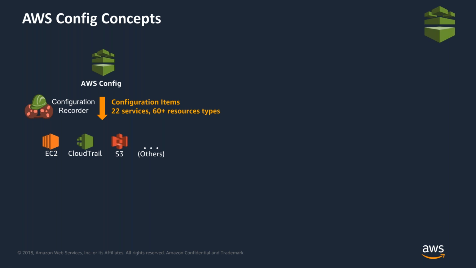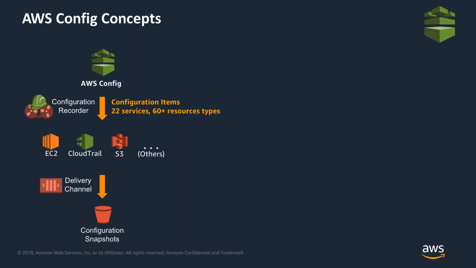AWS Config also creates configuration items whenever it detects a change to a resource type that it's recording. By definition, a configuration item represents a point-in-time view of the various attributes of a supported AWS resource that exists in your account. For example, if AWS Config is recording Amazon S3 buckets, AWS Config creates a configuration item whenever a bucket is created, updated, or deleted.